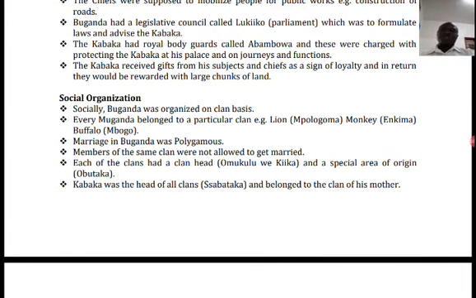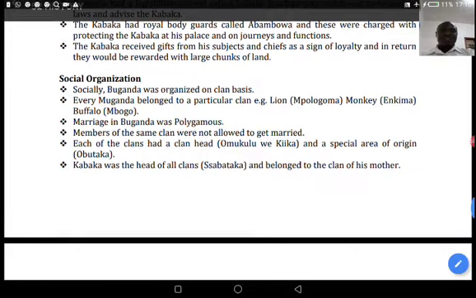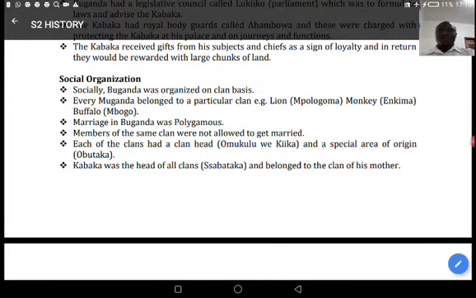When we go through the social organization of Buganda, these are things that entail culture, values, customs, how they did things. Socially, Buganda was organized on a clan basis, ebika. People belonged to different clans, and somebody of a given clan could not marry somebody of that particular clan.